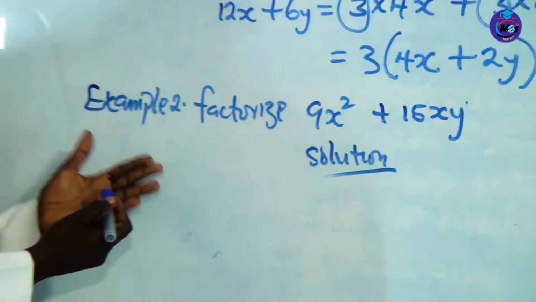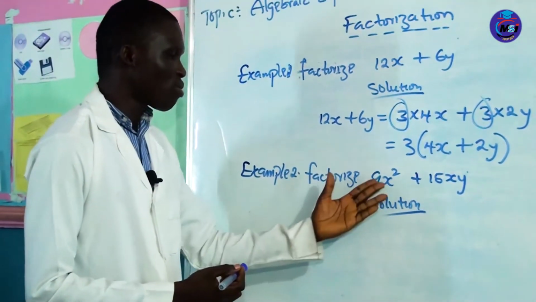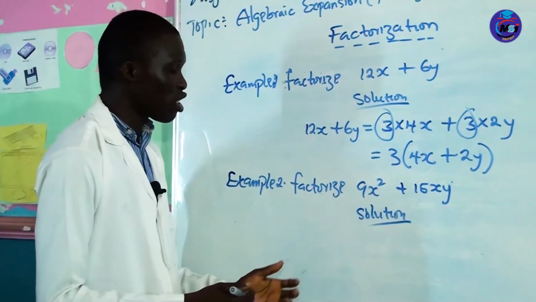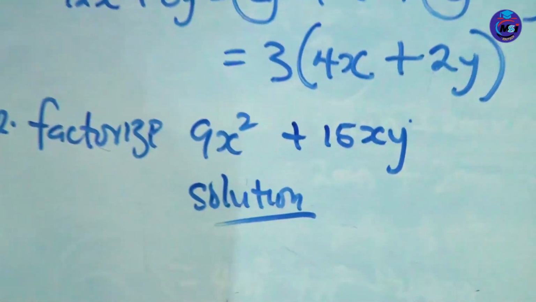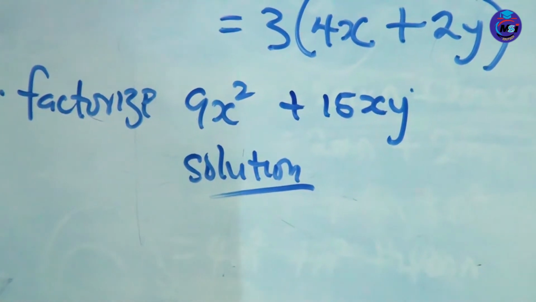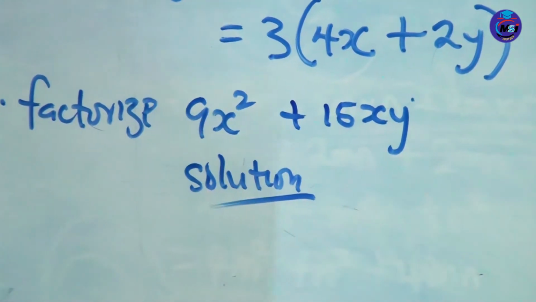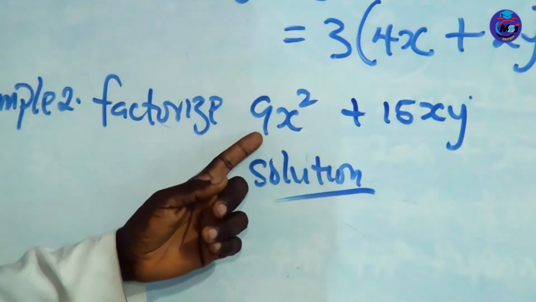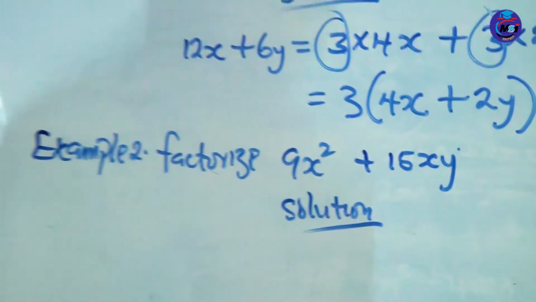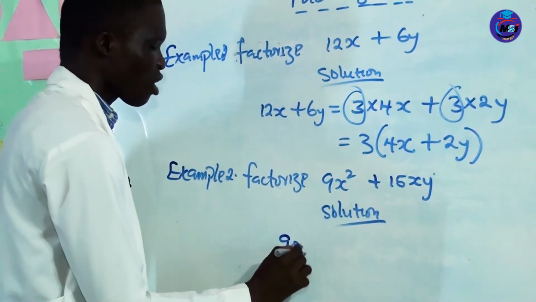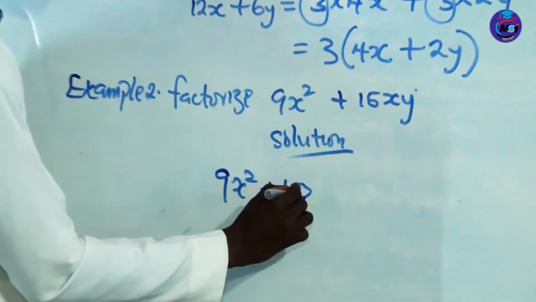Okay, we want to factorize this algebraic expression, 9x squared plus 15xy. What are we going to do? Remember, I told you, you have to think of a number that is common to 9 and 15. And what is that number? Let's think. 9x squared plus 15xy.